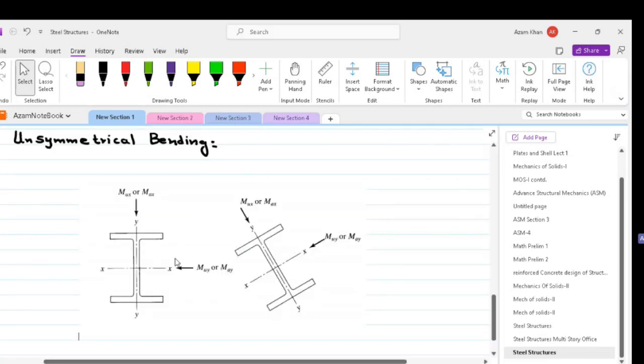Unsymmetrical bending is easy to handle in the common shapes of steel beams such as W, S, M, or C sections. However, in the case of angle or Z sections, it is a bit challenging.